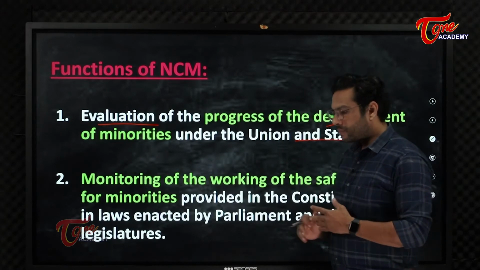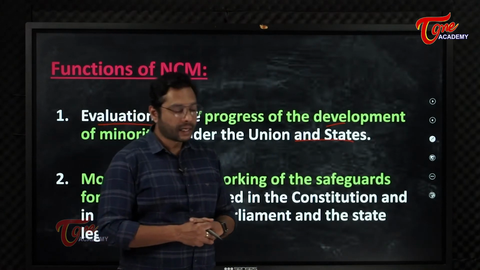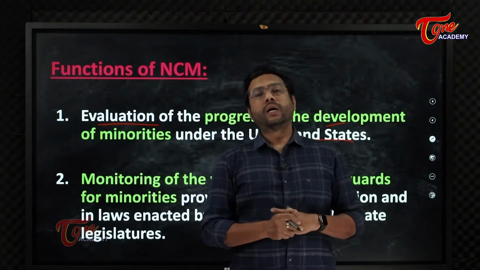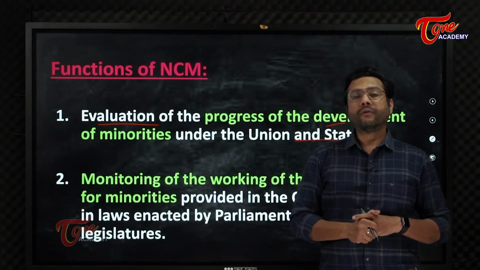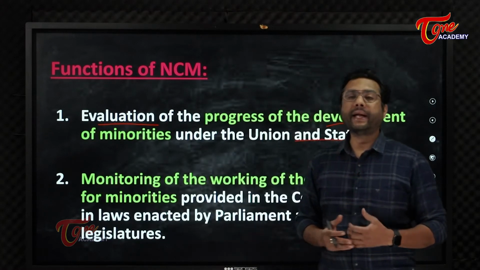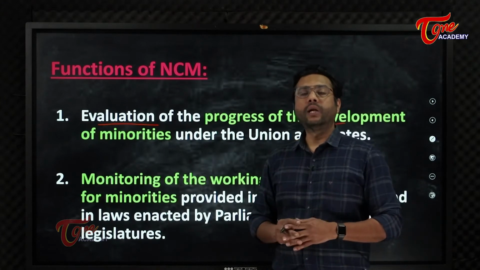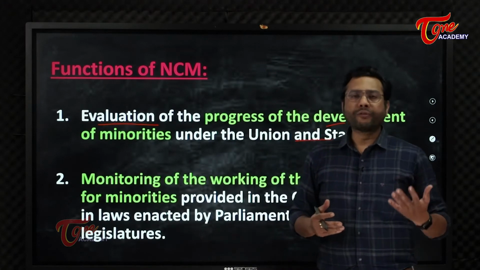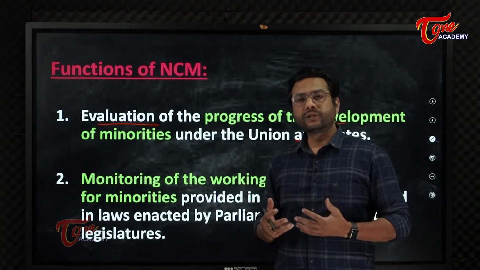We have Articles 29 and 30, the educational and cultural rights given to minorities. We also have religious freedom, that is Articles 25, 26 and 28, which empower any person or individual to profess and propagate their own religion and to manage their religious affairs.